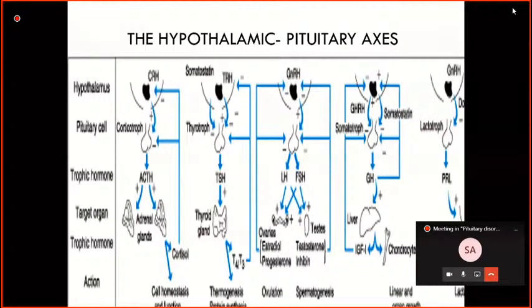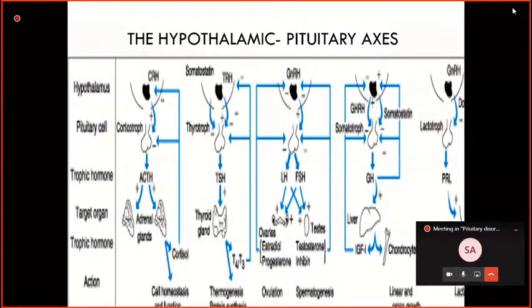I have this diagram. This is actually physiology, so I'm not going to go through this in great detail. It is for you to always bear in mind whenever we talk about pituitary disorder, or any abnormality of the hormones in the target organs, the hypothalamic pituitary axis.